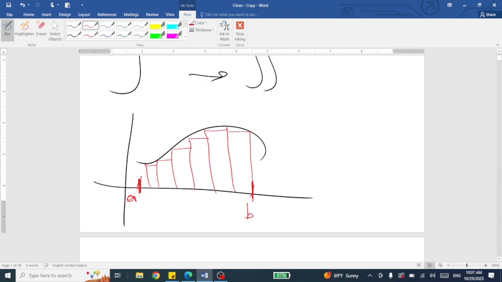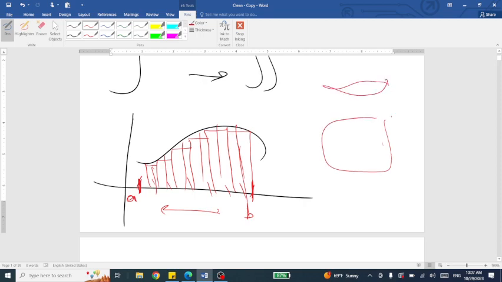After computing each one, we divide the area between a and b into many partitions. When you add up these rectangles, you get the result. Clear? But how about for two dimensions?